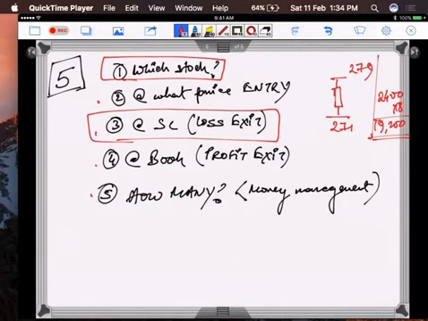It will depend on your ticket size, your book size, etc.